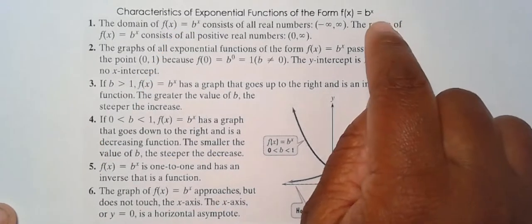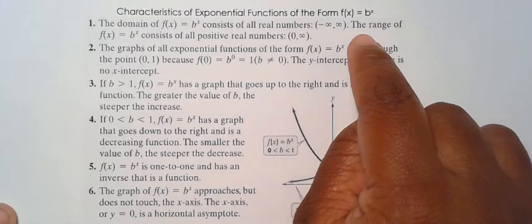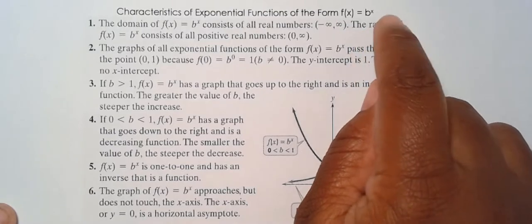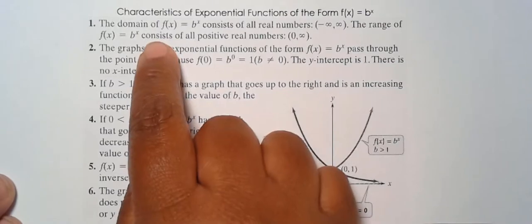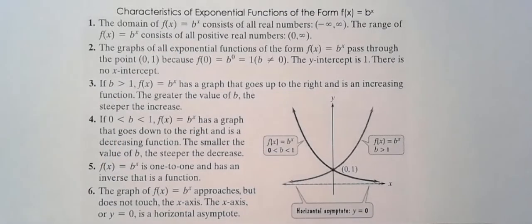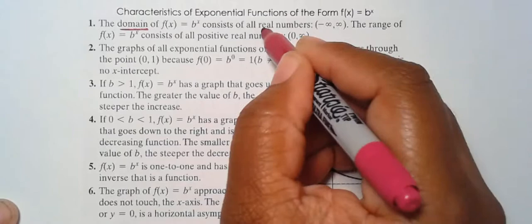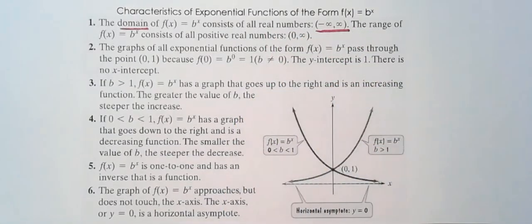So whenever you have an exponential function where x is the exponent, the domain of this exponential function consists of all real numbers from negative infinity to positive infinity.